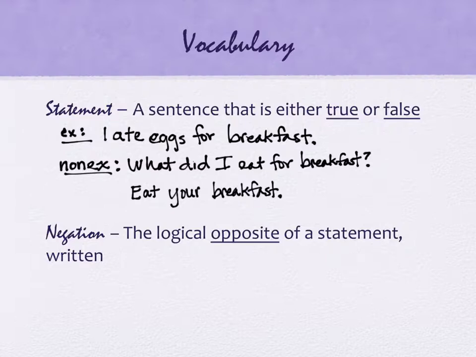All right, a negation. The negation is the logical opposite of a statement. It is written with a tilde. So if your statement is written as P, then your negation would be written as tilde P. Okay? So if the statement, I ate eggs for breakfast, is my statement P, then the negation of P would be what?